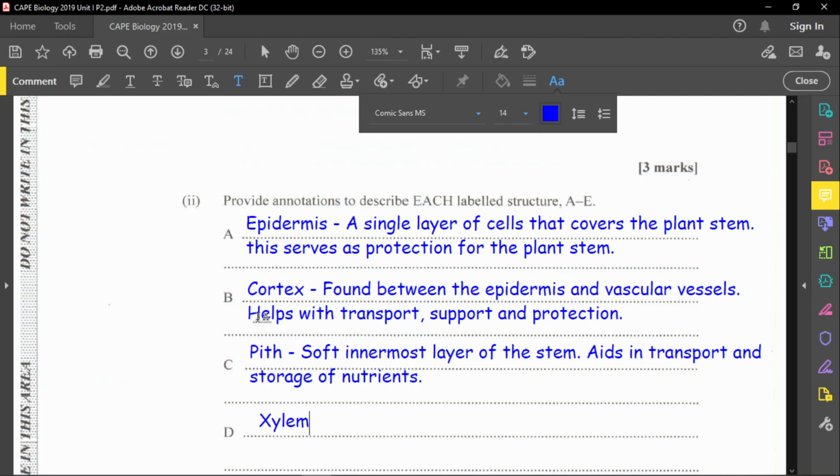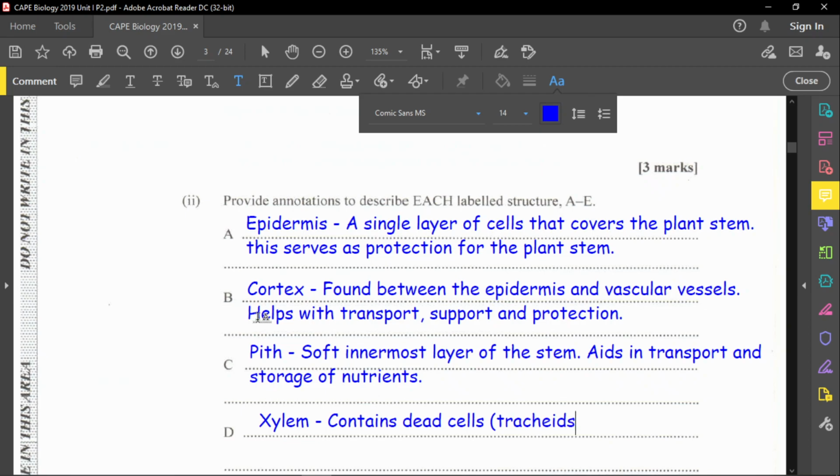Now, the xylem, which is made of parenchyma and what they call tracheids, I'm going to talk about tracheids as well. So the xylem is really a tissue of dead cells. So I'm going to describe it: it contains dead cells. And these dead cells are called tracheids, just to make a mention of that.